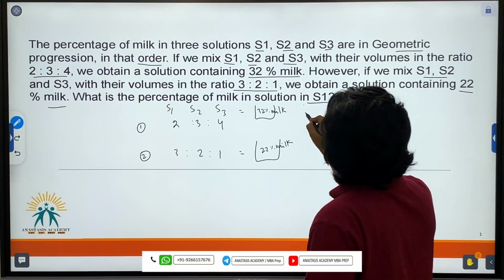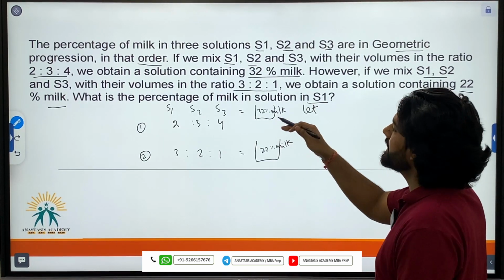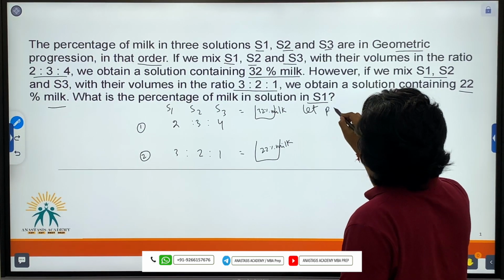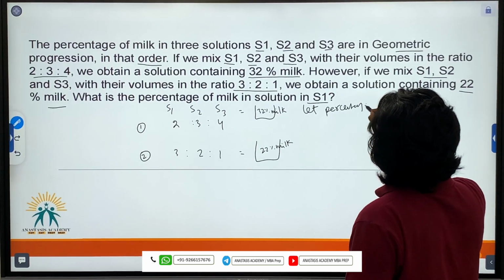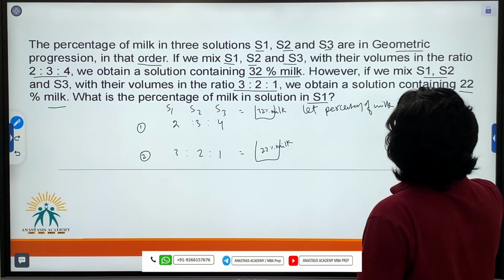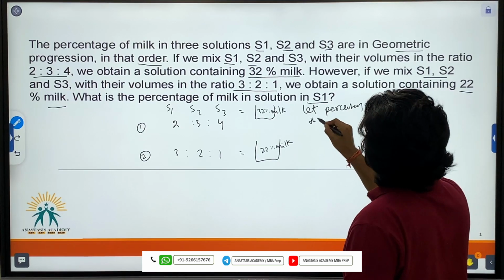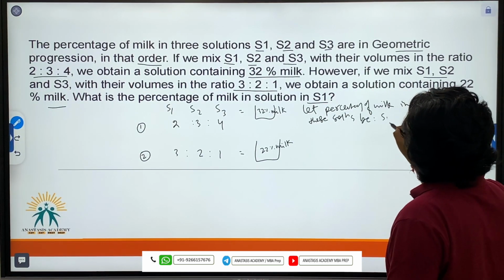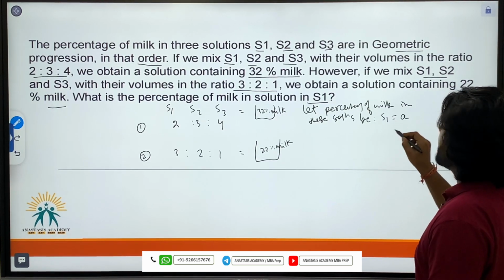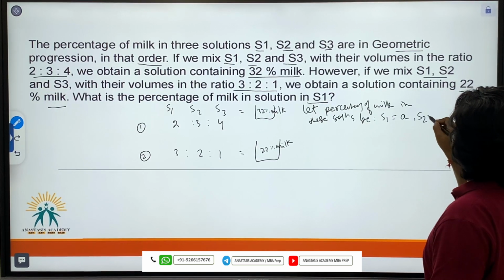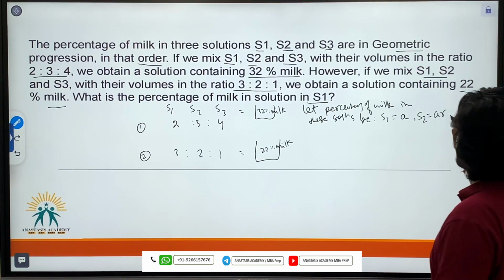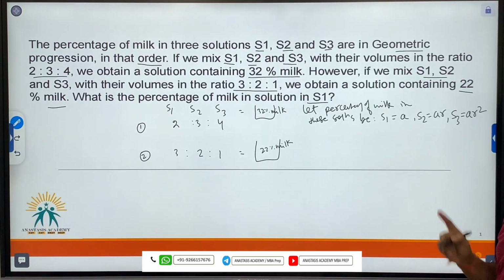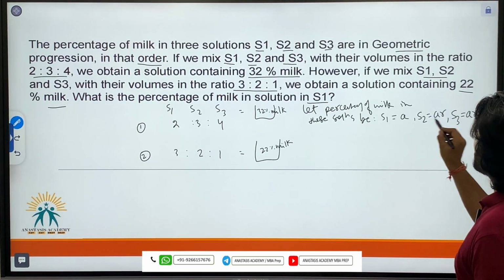So let the percentage of milk in these solutions be, in S1 I am assuming it to be A, in S2 I am assuming it to be AR, and in S3 I am assuming it to be AR square. Why? Because these numbers are in GP.